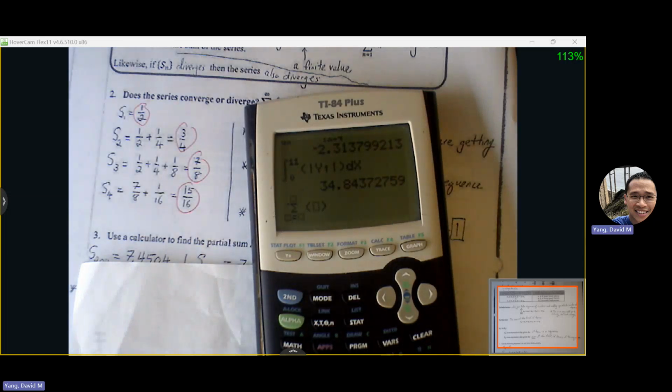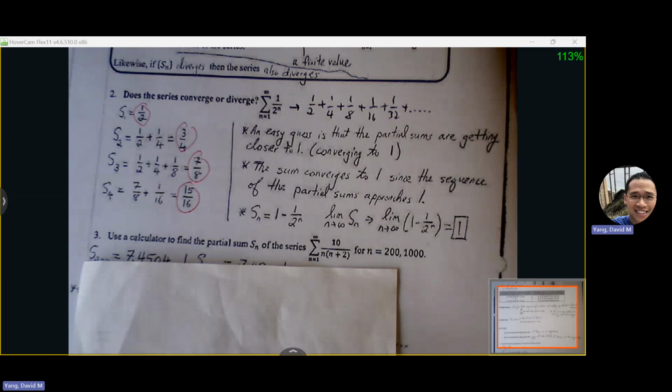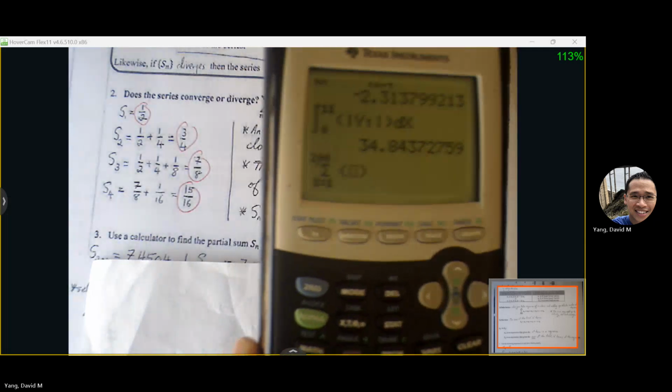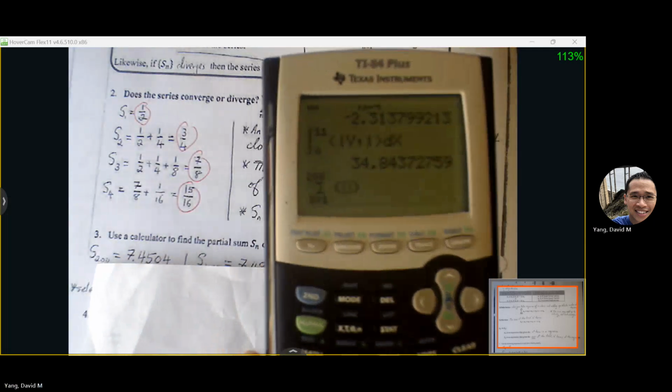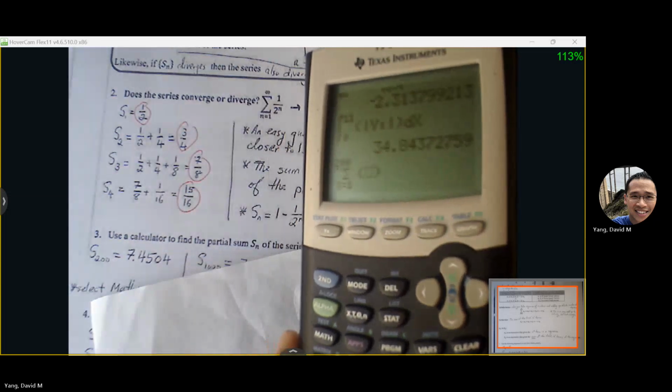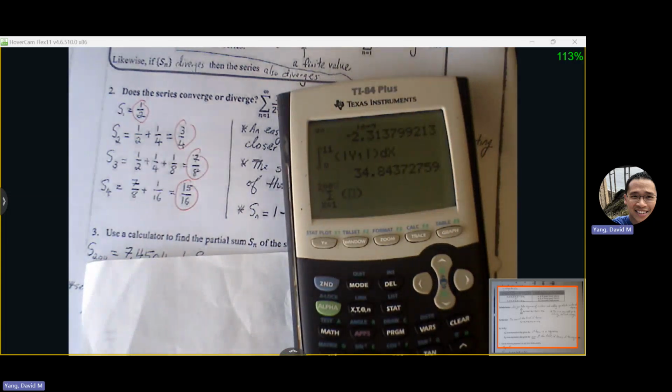Okay, go to math 0. Math 0 will give you that summation notation. And we're just going to type in what we see there, but you're going to use x as your variable. So you're going to say the sum, x equals 1 to 200.